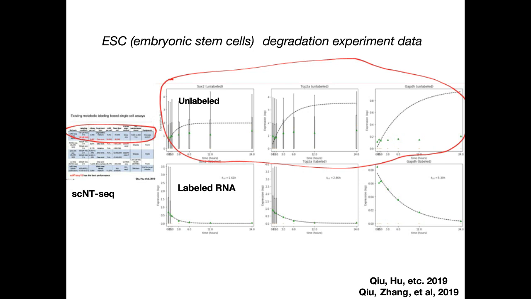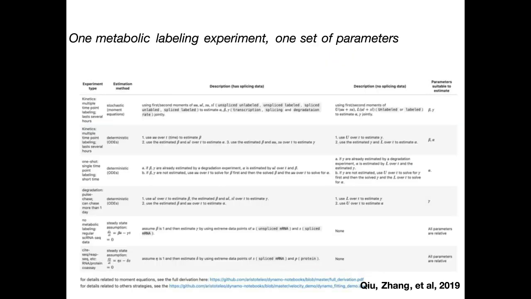So we again demonstrate that for the degradation experiment, it's optimal to estimate gamma, but not optimal to estimate alpha. In fact, we provide a guideline to tell you what kind of parameters we should estimate from each type of metabolic labeling data.